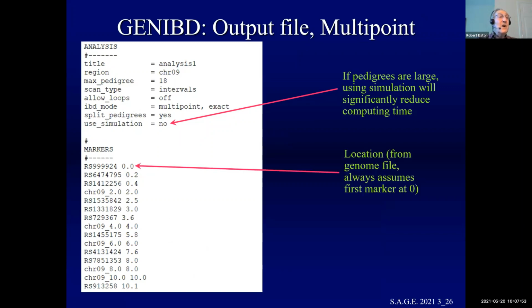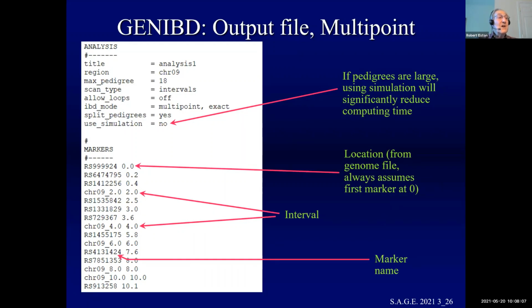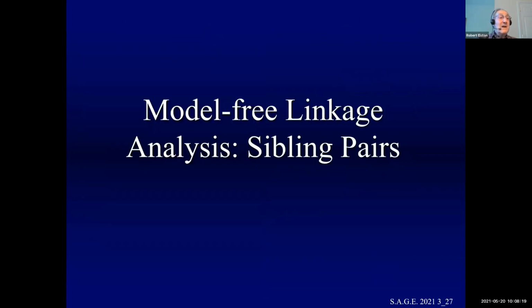And you'll notice the location starts at 0 always. And then from then on, you've got the distance between the intervals, between successive markers. And in this case, successive markers. You can also do intervals as well. And you can see markers.